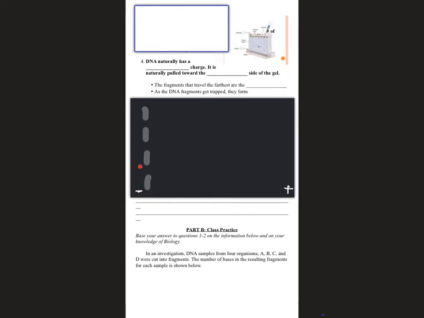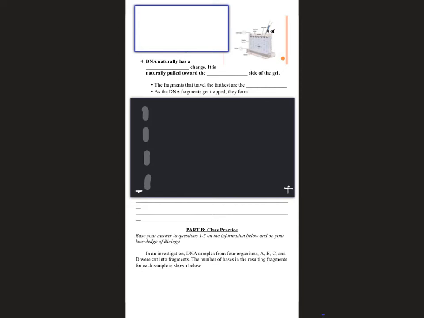On my gel electrophoresis chart, if you look at the arrow or the laser, I'm circling around the wells. These wells are where the DNA is inserted. So using a pipette, a scientist will insert each sample of DNA.